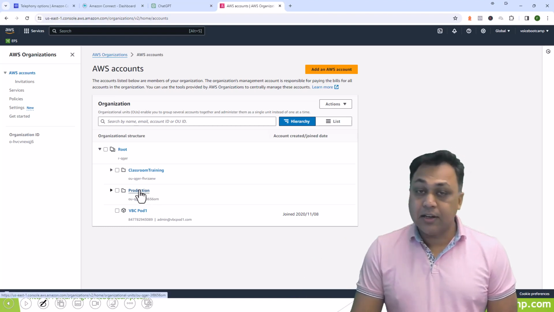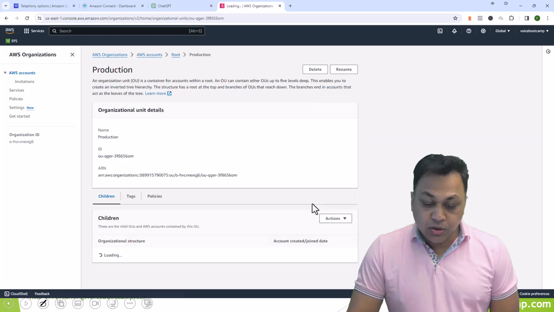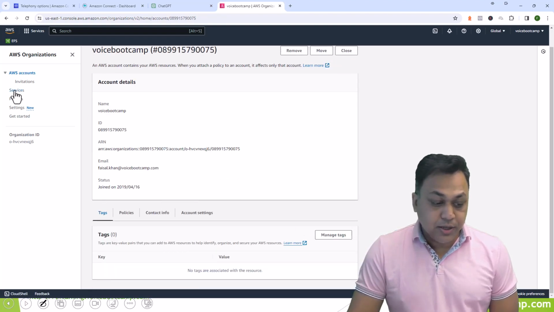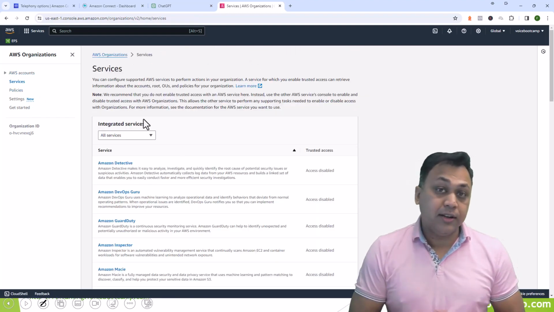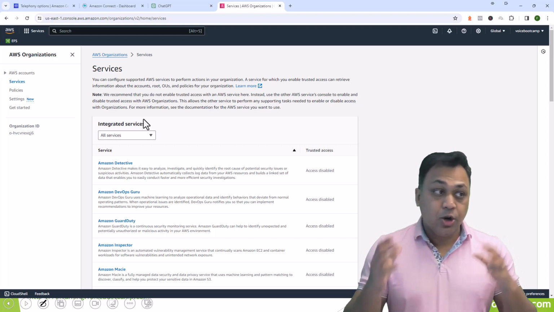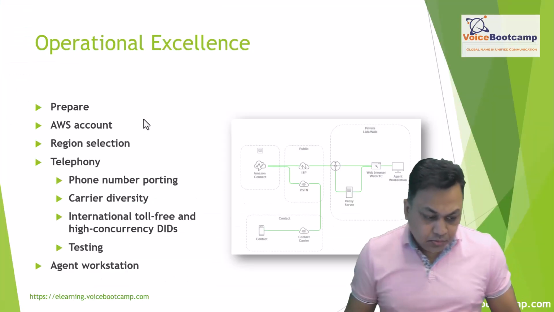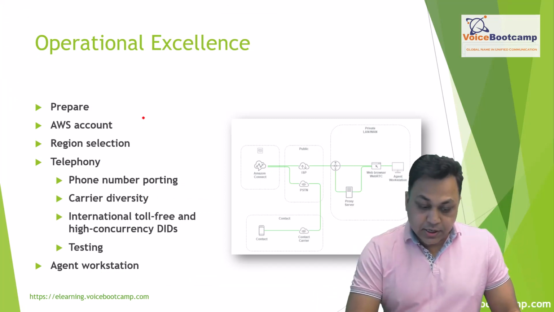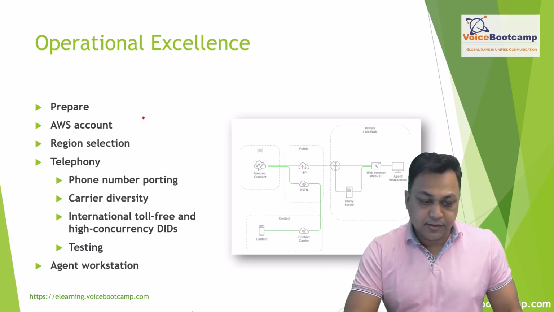And of course, I have an account that is designated for production itself. You can control this with a master account and sub accounts under it. You can run policies and control what services they can access and what actions they can take by creating policies for that. So it's important that you have the proper architecture structure for your operational excellence.